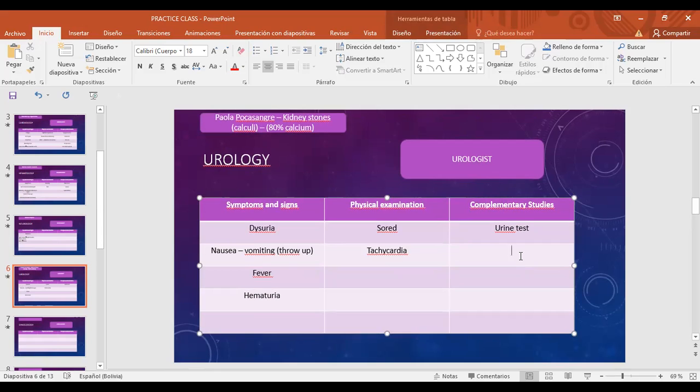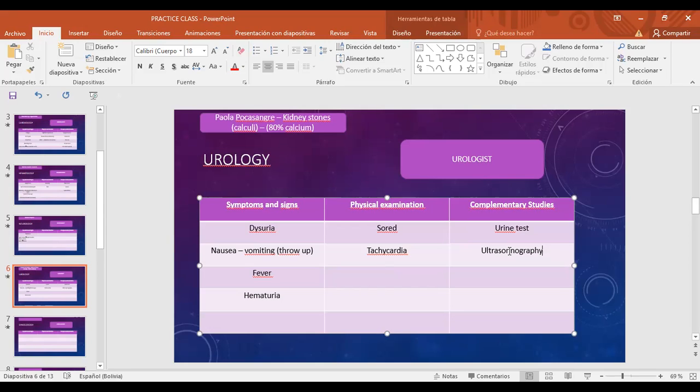I don't know, surgery, but this is super extreme. Yes, it wouldn't be the first option, right? However, in complementary studies, we would ask for an ultrasonography. What is an ultrasonography in Spanish? We don't call it that way, right?